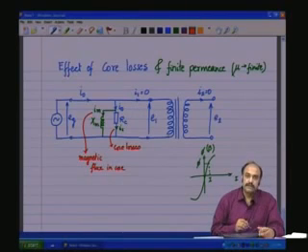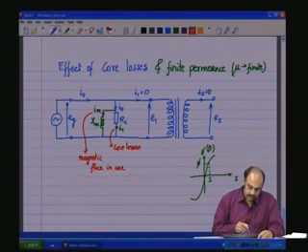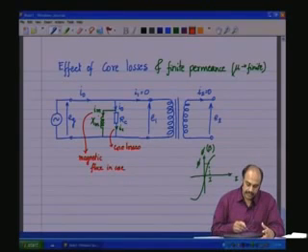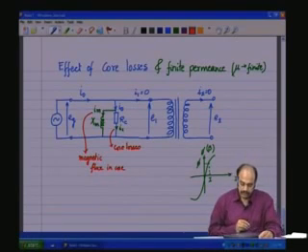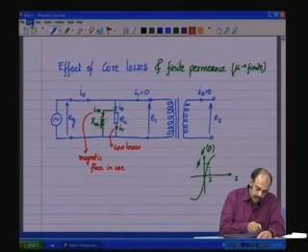IM is the flux producing component which is passing through an inductive reactance, and therefore, IM will lag 90 degrees whatever the voltage across the device. So, if we look at the phasor diagram, it should look like this.